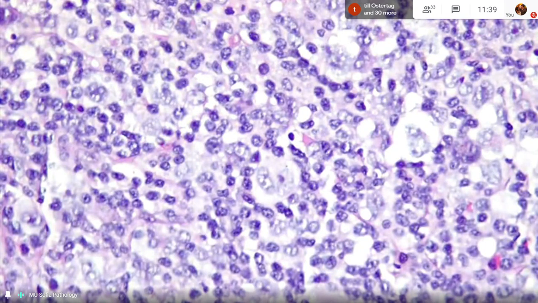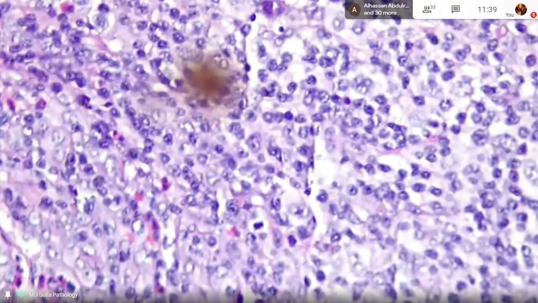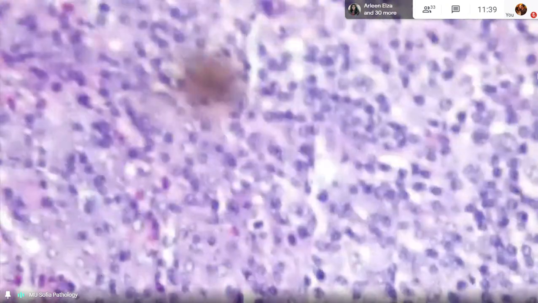We have a lot of lymphocytes. We have macrophages. How do we recognize the macrophages? They have more vesicular nuclei, and sometimes you can see a lot of things phagocytosed in their cytoplasm. We have also fibroblasts that formed this collagen. You can see here in the right part of the screen.